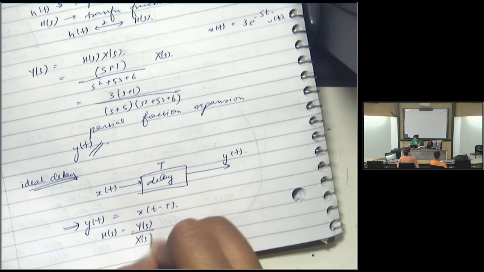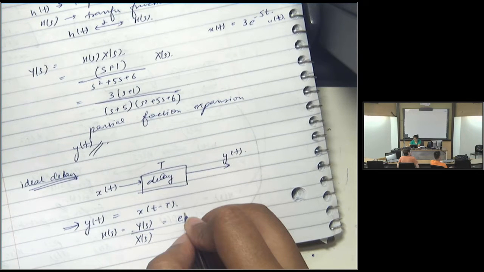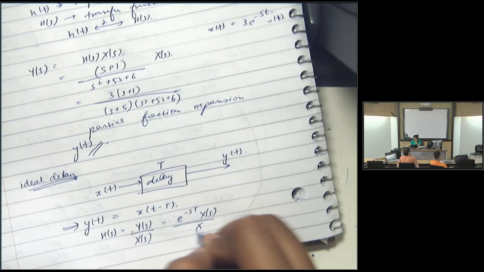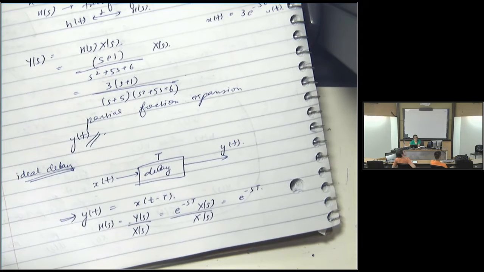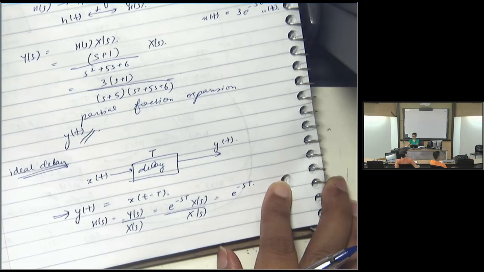Y of s is nothing but e raised to minus sT times x of s, over x of s. So your H of s is e raised to minus sT. All right. So that's with the transfer function. Next thing to do is stability.